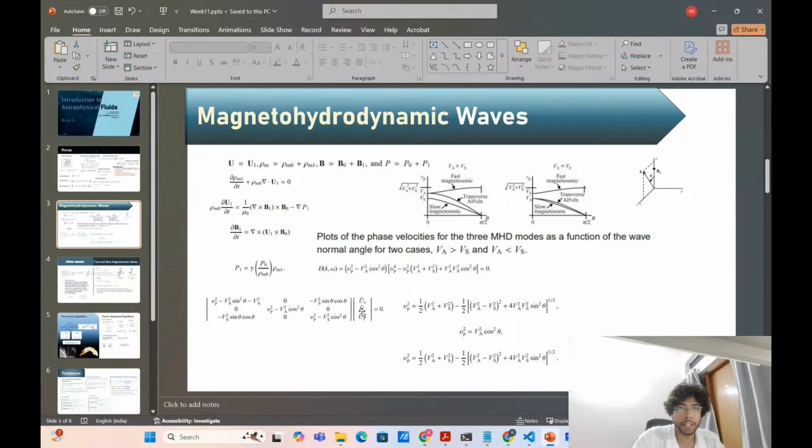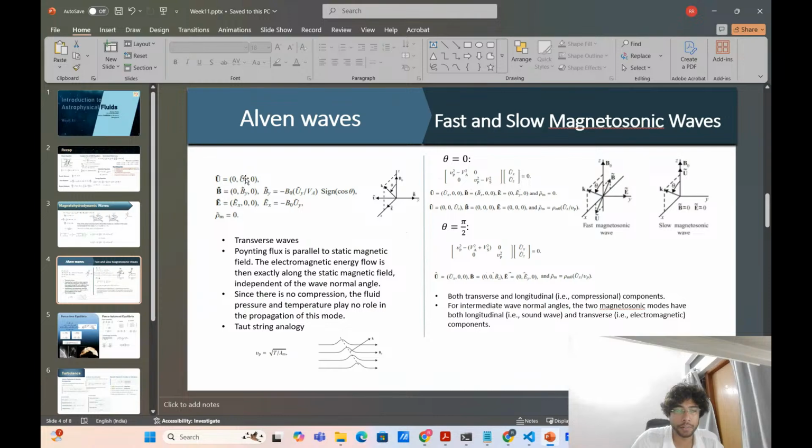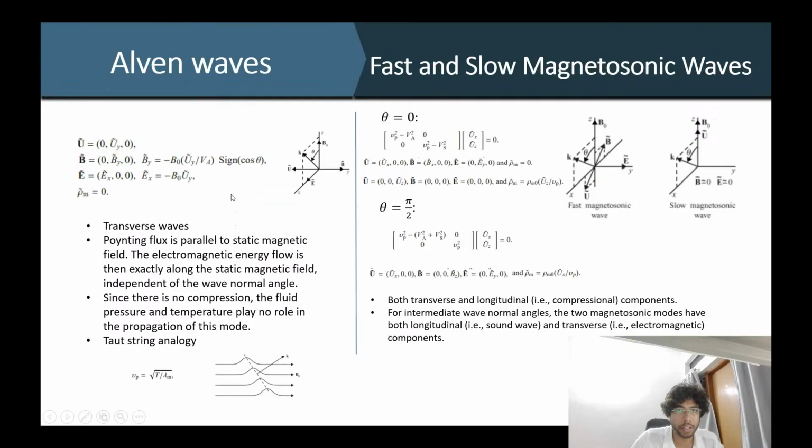So from here we can directly say that Alfvén waves have uy non-zero, have their velocity in the y direction only, and ux and uz have to be 0.